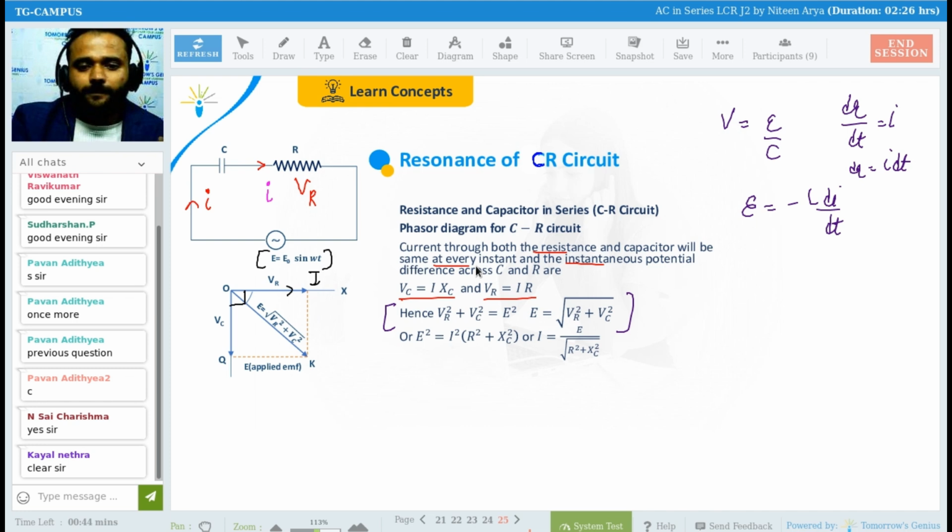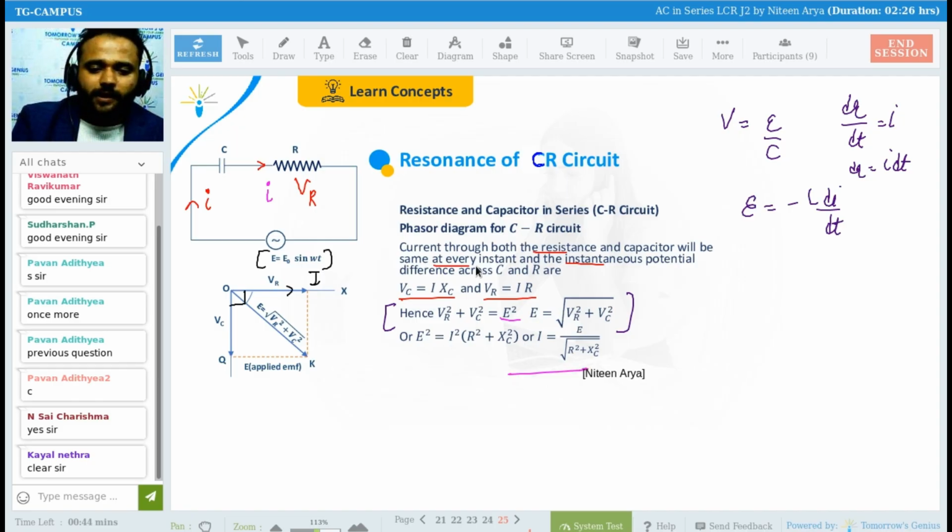Okay, back to the question again. The current through both the resistor and capacitor will be the same at every instant. The potential difference across C and R is: VC equals I XC, VR equals I R. Hence VR square plus VC square equals E square, so E equals under root VR square plus VC square.